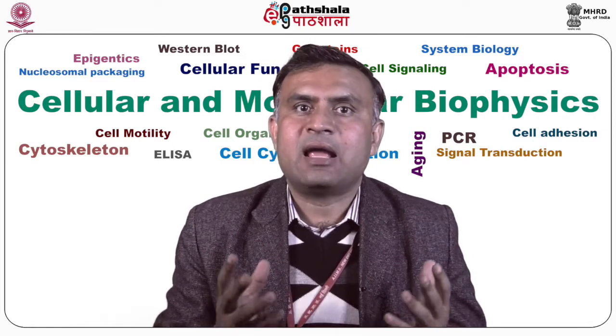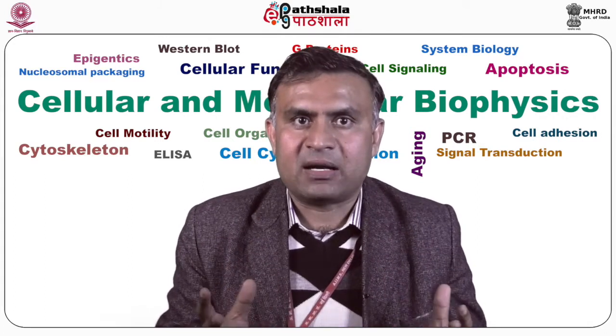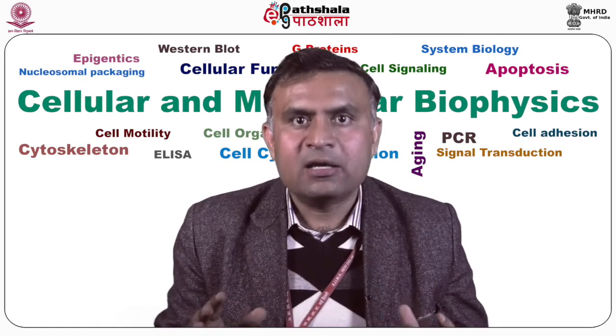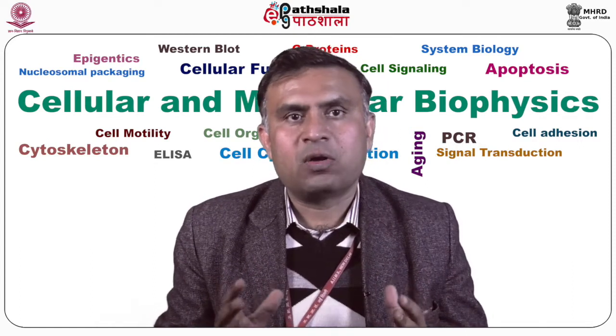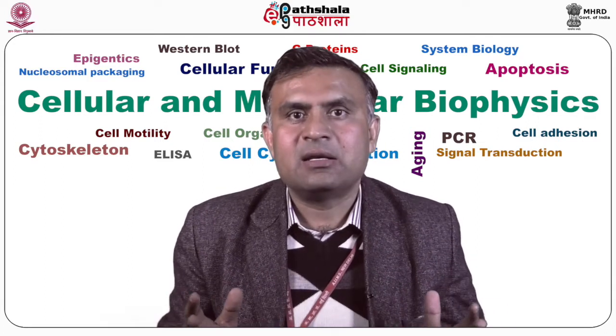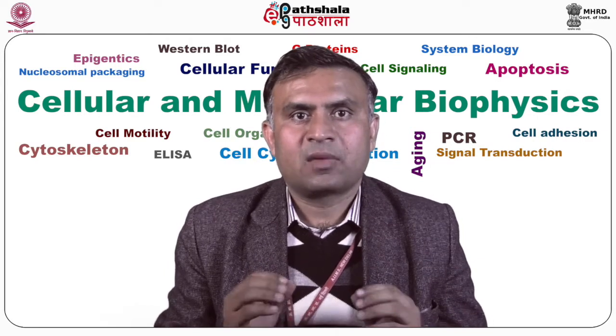DNA methylation and histone modification are the major epigenetic marks which have been studied widely due to their direct role in regulating gene expression in normal cells as well as during various human diseases.